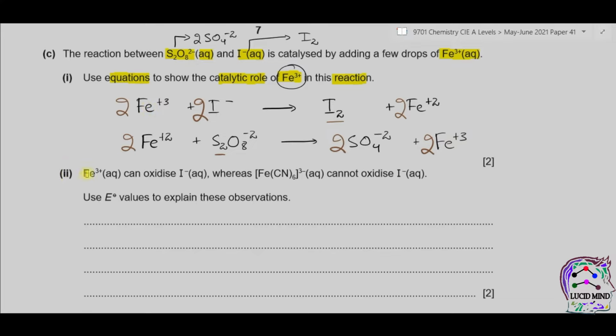Part 2, iron 3 positive can oxidize iodide, whereas Fe(CN)6 3- cannot oxidize iodide. Use E0 values to explain these observations. Let's write E0 values, which is the reduction potential for iodine when it changes to iodide ions. The reduction potential value is 0.54 volts.